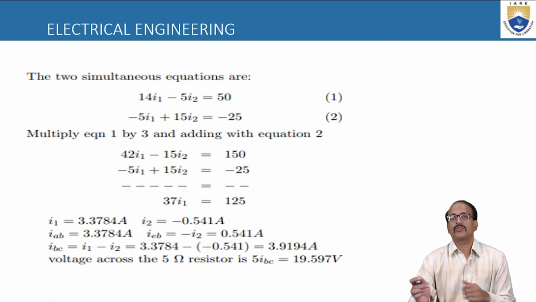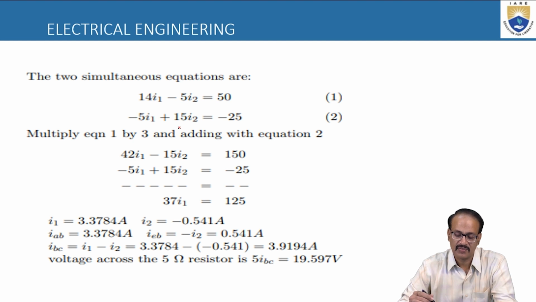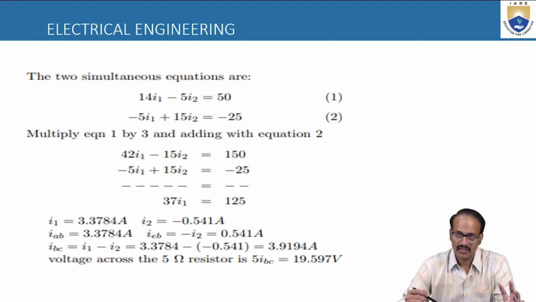Since there are two loops, we get two equations, and we are going to solve them. After simplification, 14I1 minus 5I2 is equal to 50 as equation 1, and minus 5I1 plus 15I2 is equal to minus 25 as equation 2. Now I have to solve this and find at least one current value.